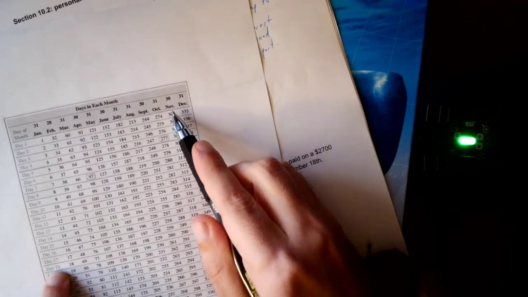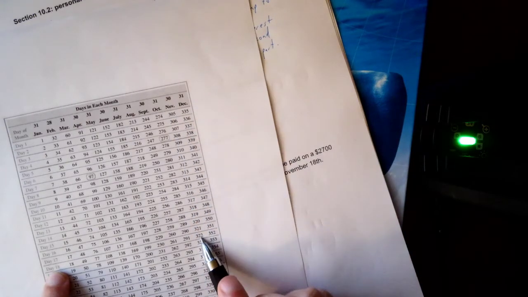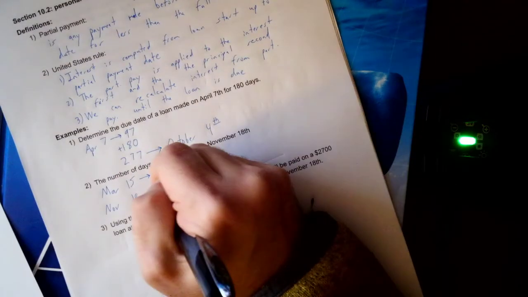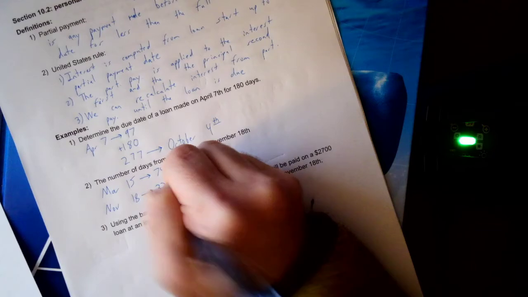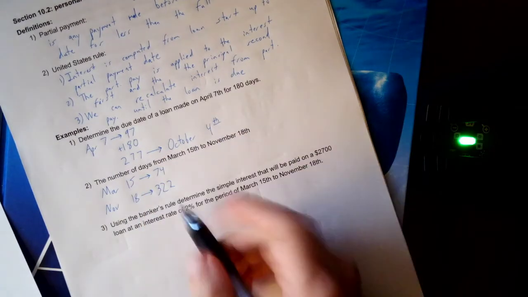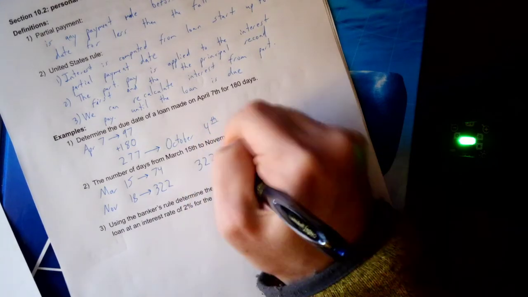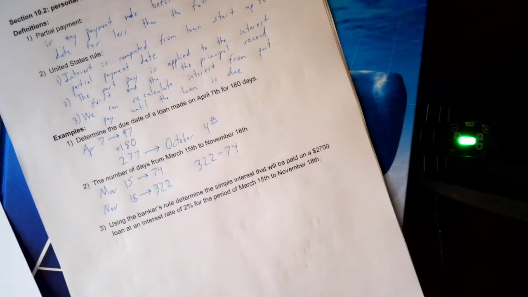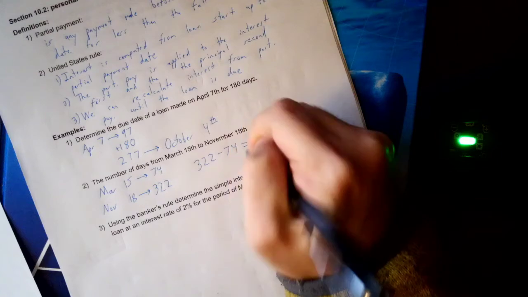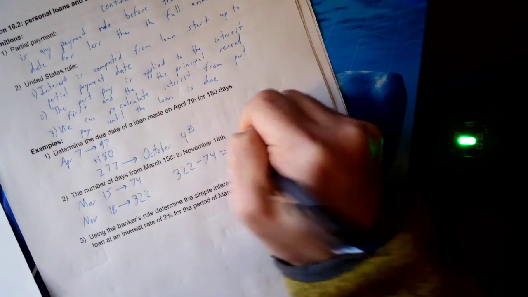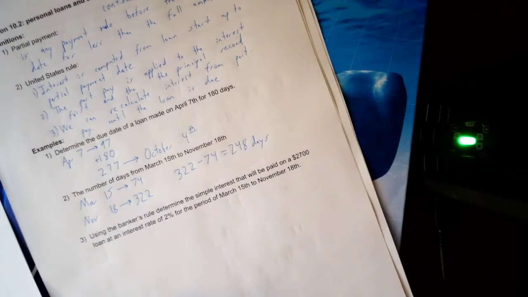November 18th is the 322nd day of the year. So that's 322. Well, to figure out how many days are between these two numbers, you can subtract them, right? That's how you can find the difference between two numbers. So I'll do 322 minus 74. That gives me 248 days. So that's how long my loan would be.